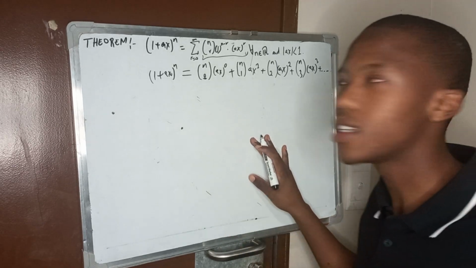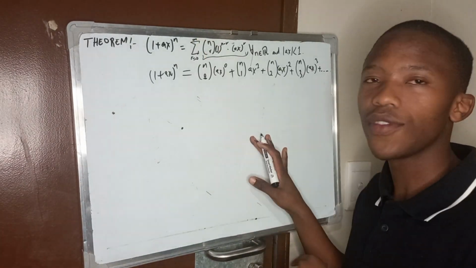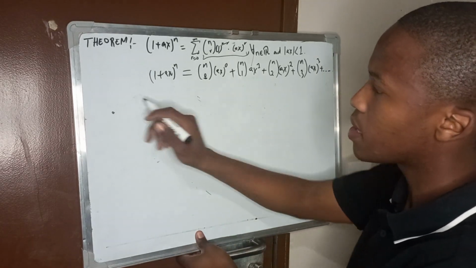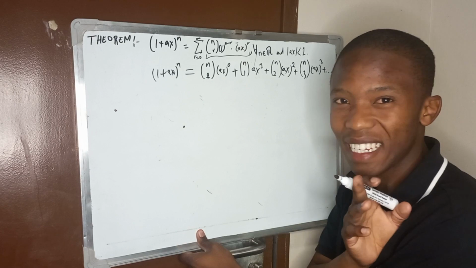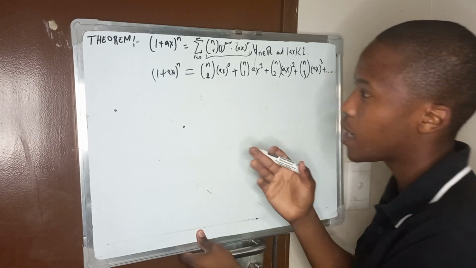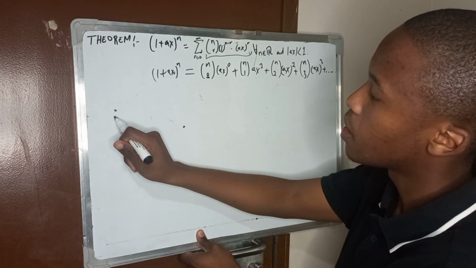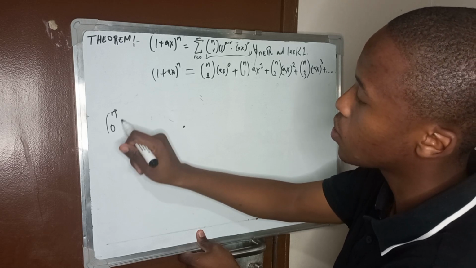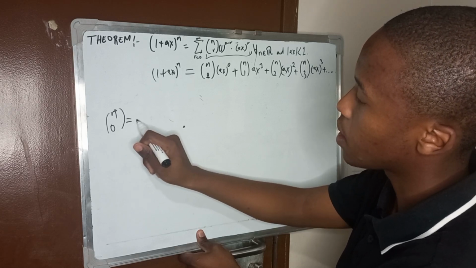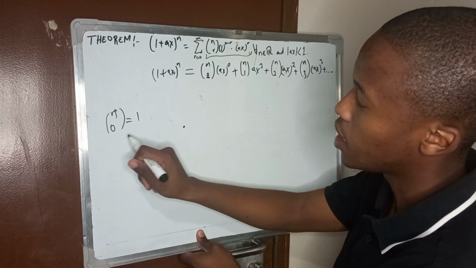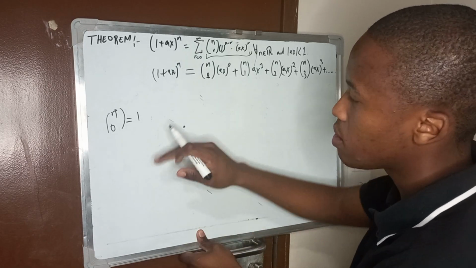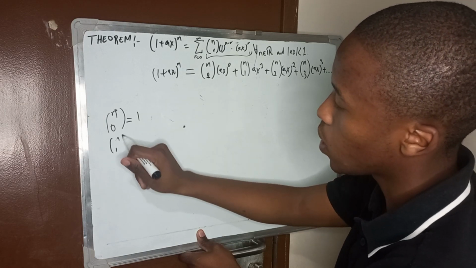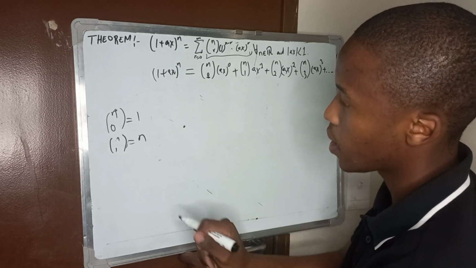It goes up until forever because it goes to infinity. Remember that. Remember, these are very important properties of a binomial theorem. N choose 0 is the same as 1. It's always the case. N choose 1 is equal to n.